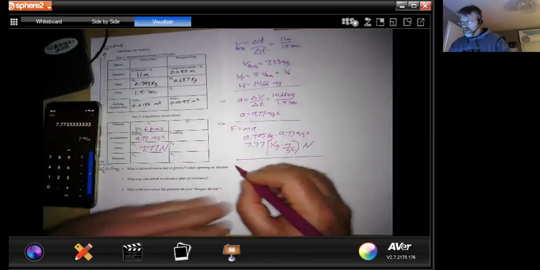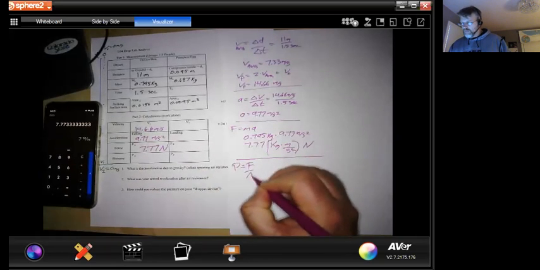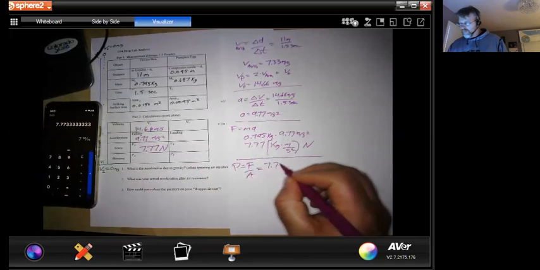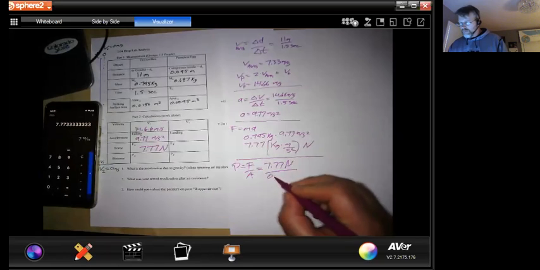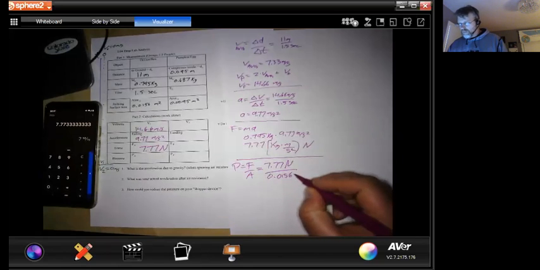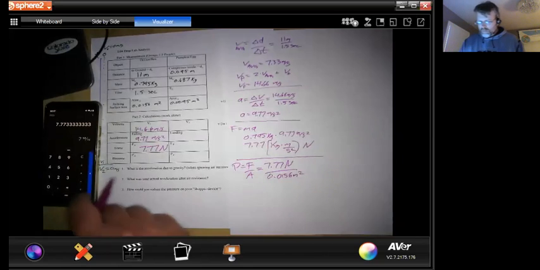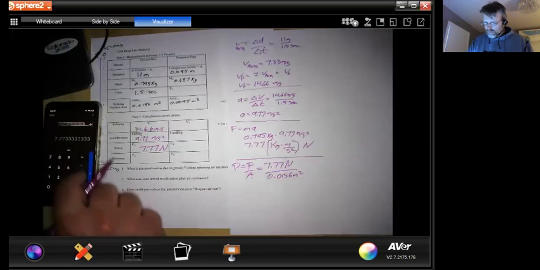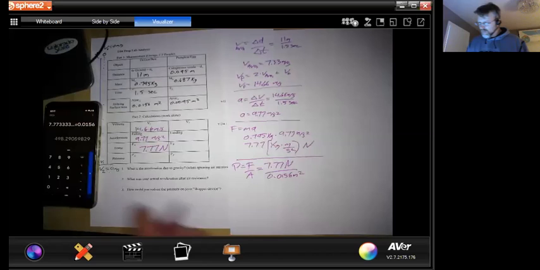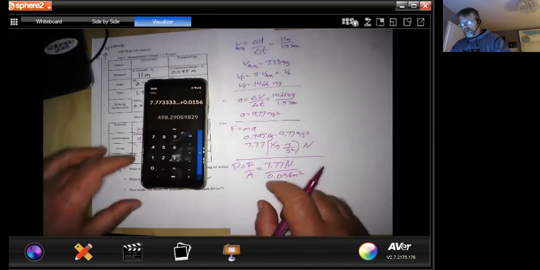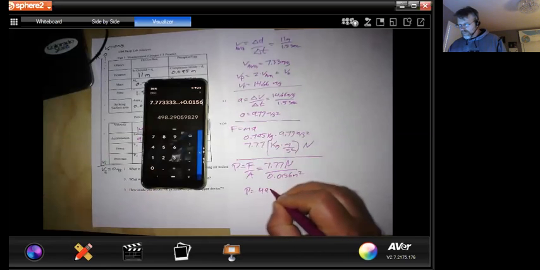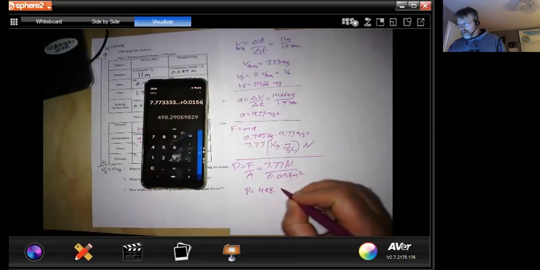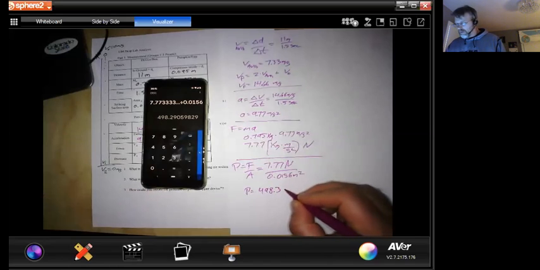And then our pressure over the striking surface. Okay, so now we have, all right, this is the point I'll start thinking about rounding here.